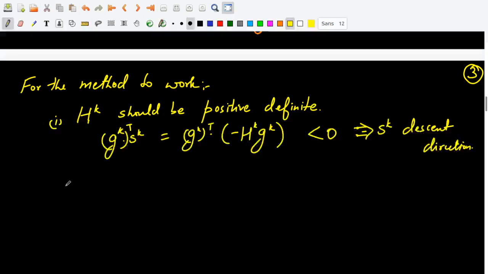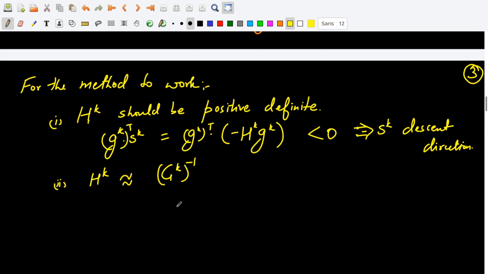And second, like we mentioned earlier, Hk should be nearly or as close as possible to Gk inverse ideally.